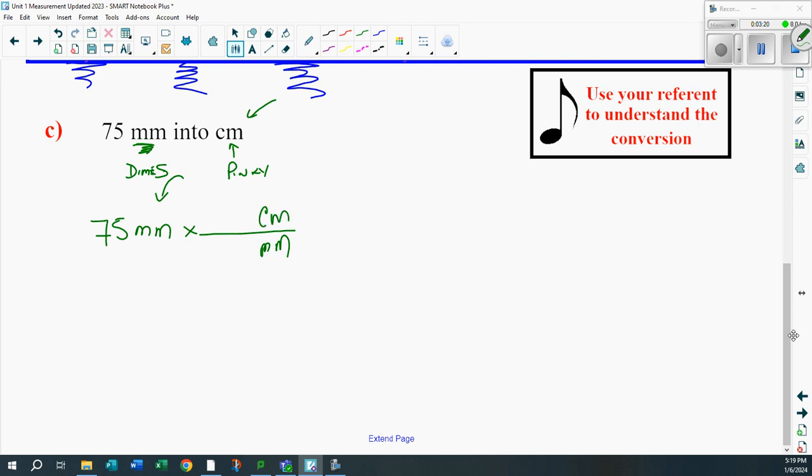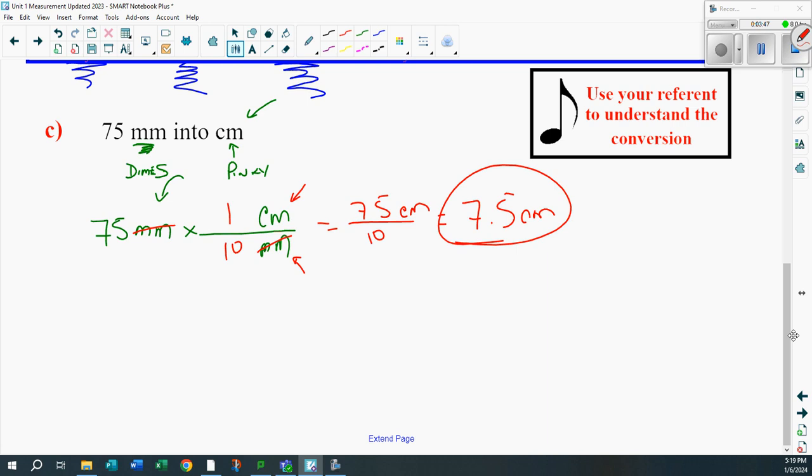Now ask yourself the question. Here's where the references come in. How many dimes make a pinky nail? One pinky nail needs 10 dimes. Check this out. Millimeters cancel with millimeters to give you 75 centimeters over 10, which works out to be 7.5 centimeters.